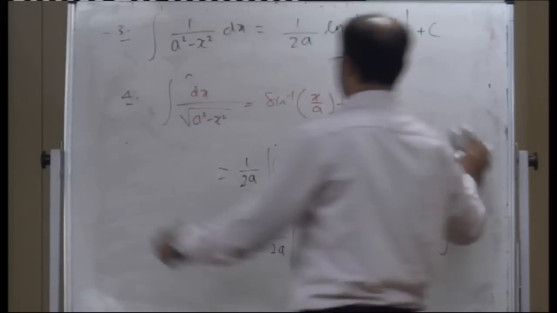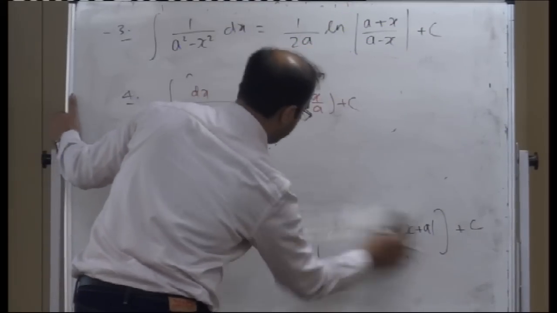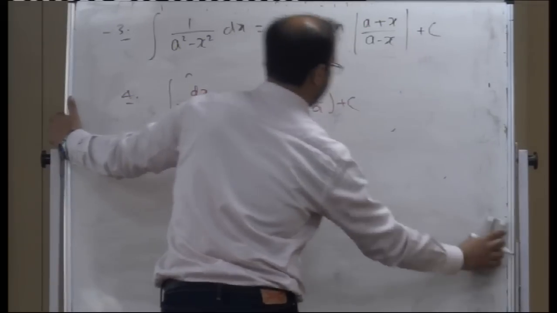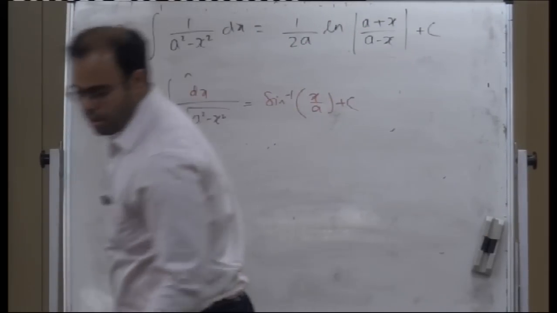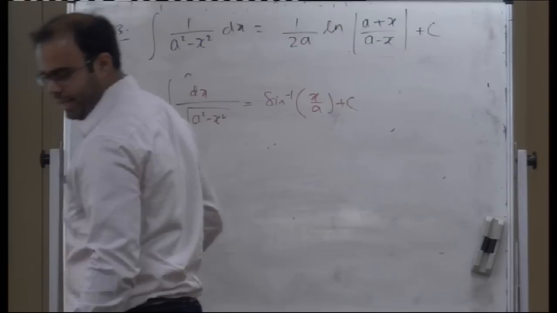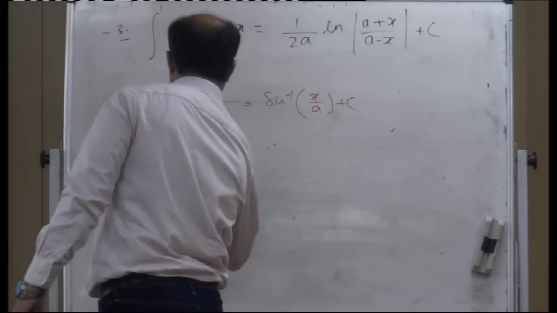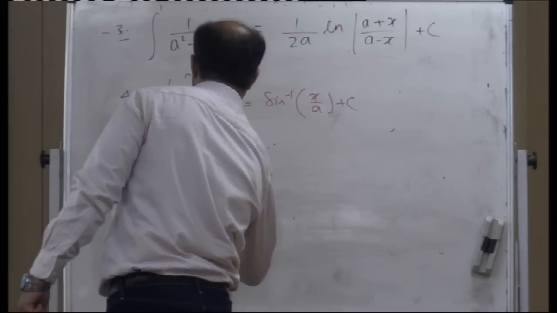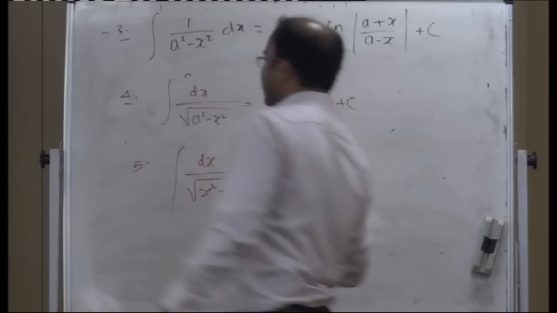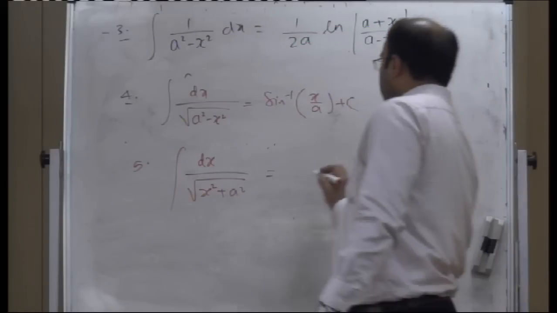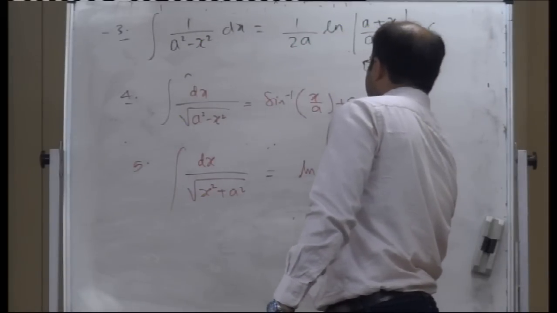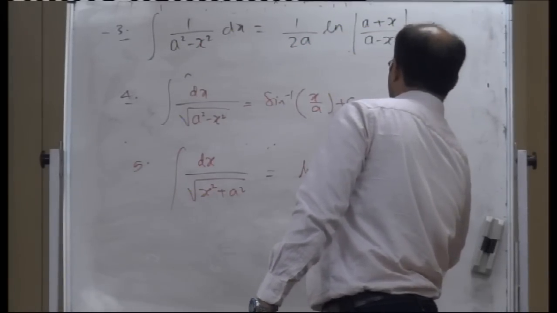You'll get the formula. Next standard formula is the fifth one, which is dx by root over x square plus a square. This can be written as ln of mod of x plus root over x square plus a square.